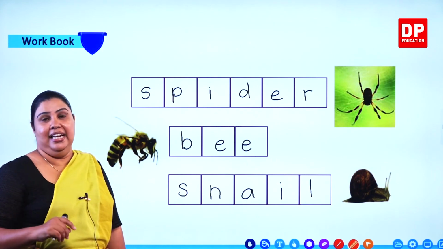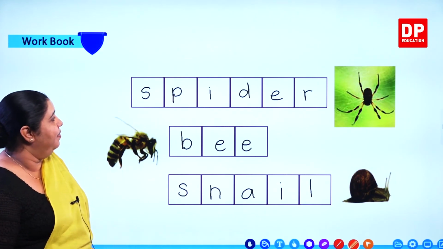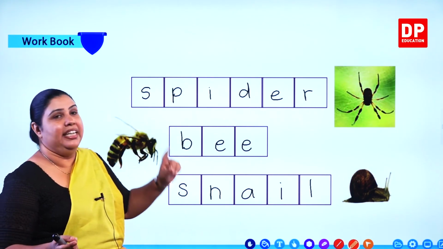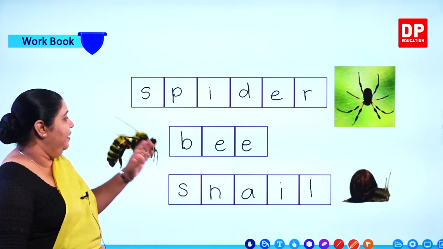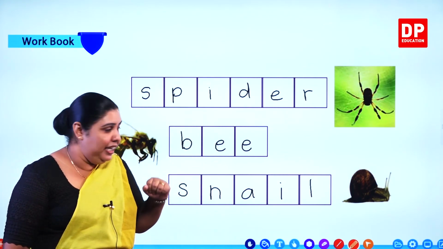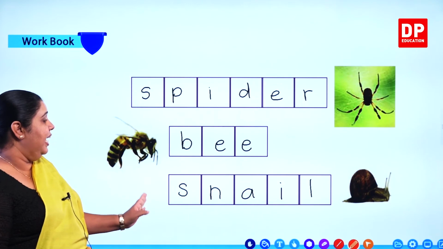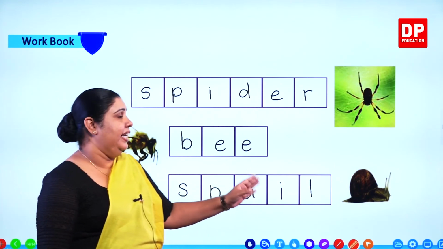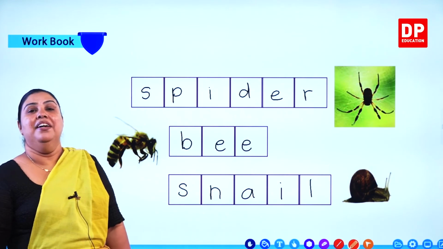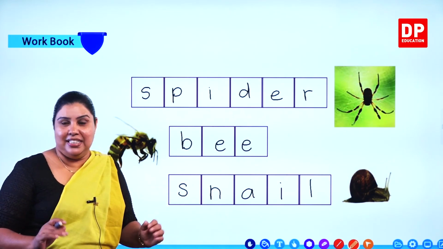So, the three animals we have on this slide are the spider, S-P-I-D-E-R, spider. Then we have bee, B-E-E, bee. And then we have snail, S-N-A-I-L. Snail. Right.